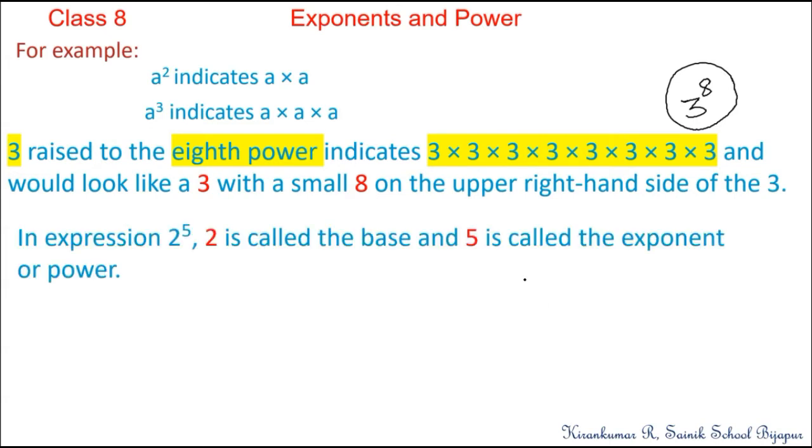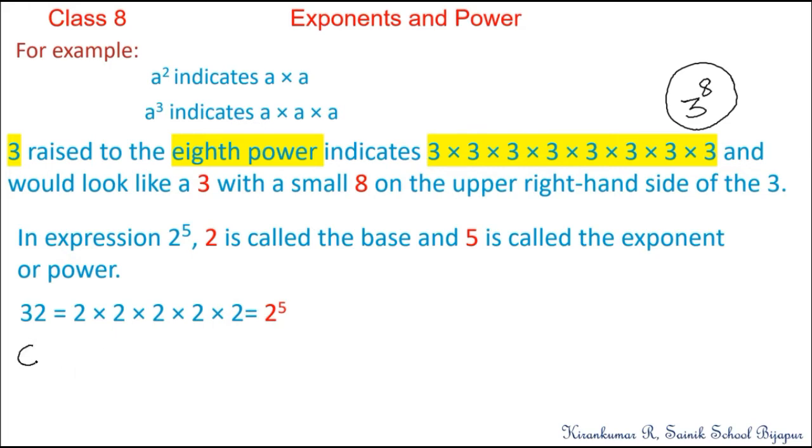In the expression 2 raised to the power 5, 2 is called the base, 5 is called the exponent of the power. When I have a number, I can try expressing that in exponential form. For example, 32. When I multiply 2 five number of times, I get 32. It can be written as 2 raised to the power 5.